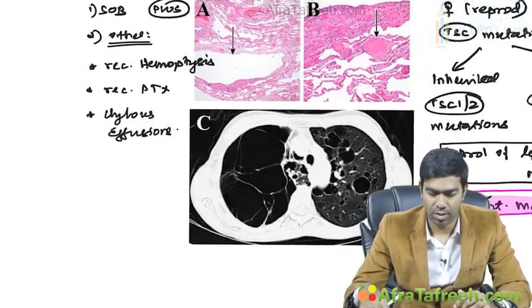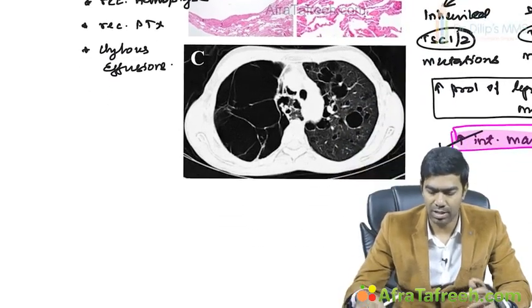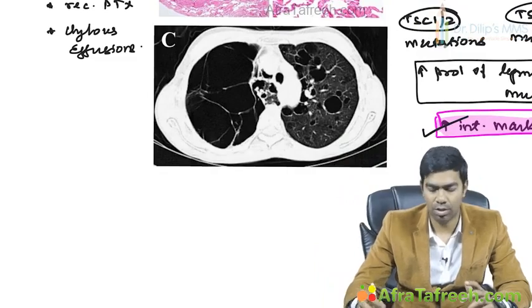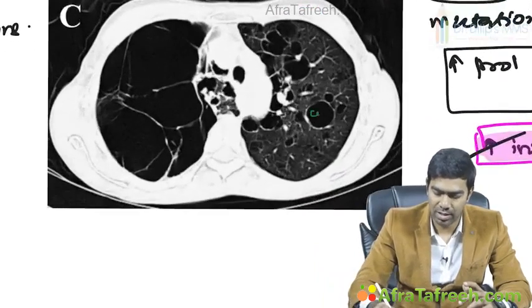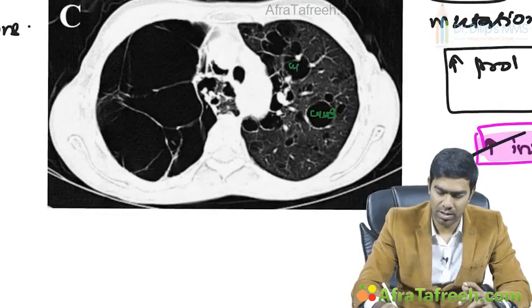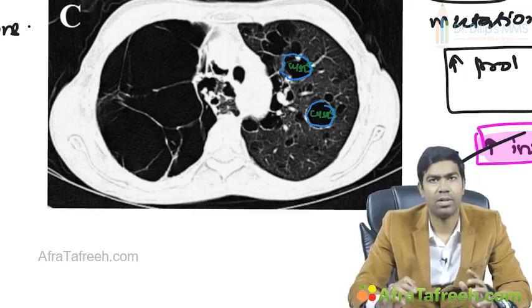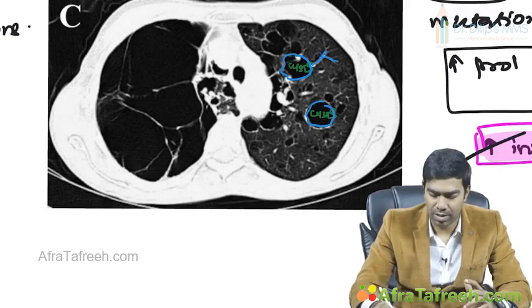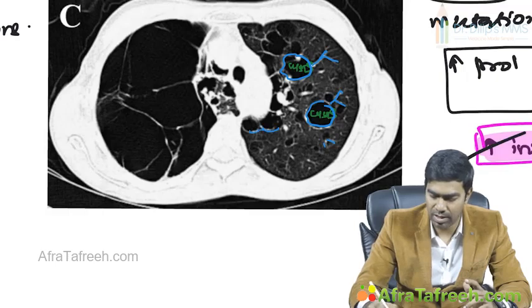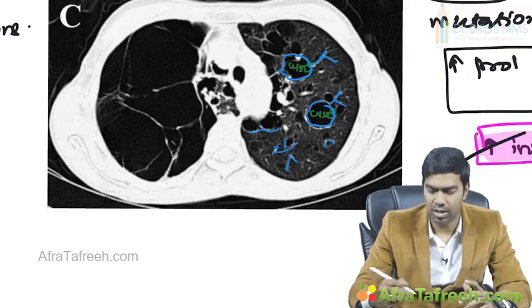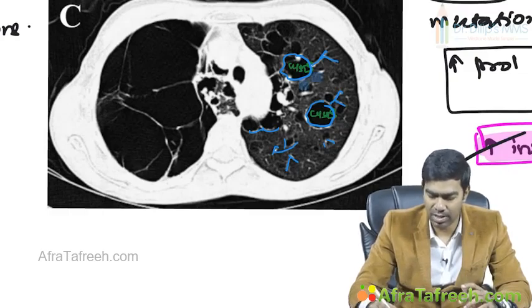Clear? So what you're going to see in the CT imaging, characteristically, is these cysts. At the same time, you are seeing very prominent interstitial markings. Can you see them? These are the prominent interstitial markings, and that is the reason why these are ILD in the first place. Together, a little bit of ground glassing is there in between.